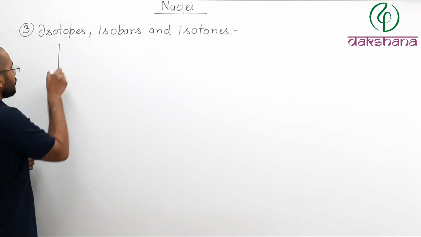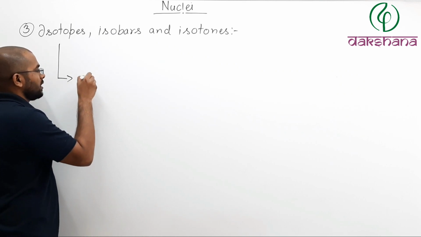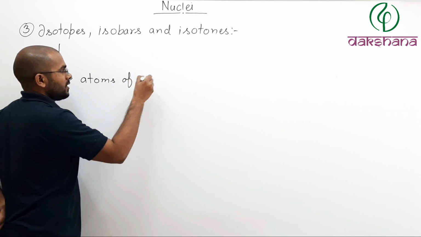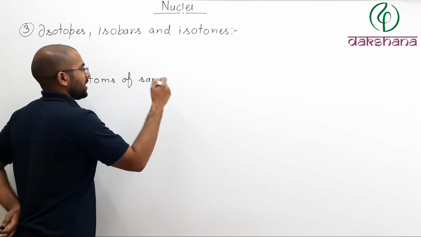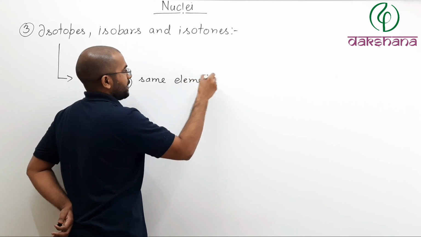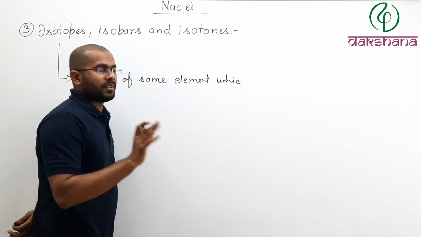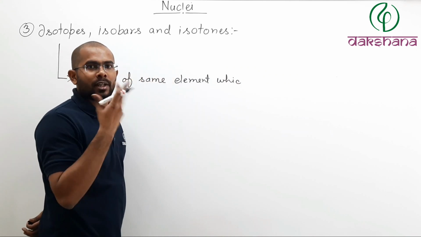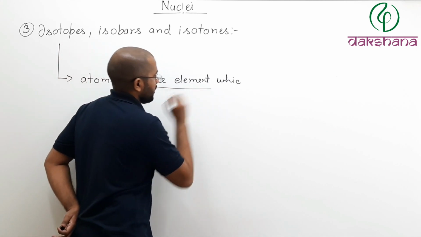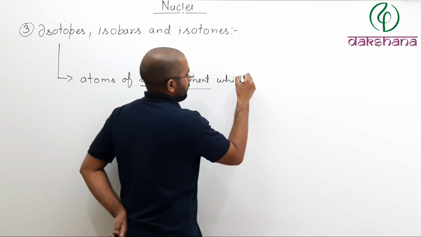So what are isotopes? Isotopes are atoms of same element, which differ in number of neutrons. Now remember, if they are same element, protons can never be different. As soon as you say same element, protons are same, fixed.